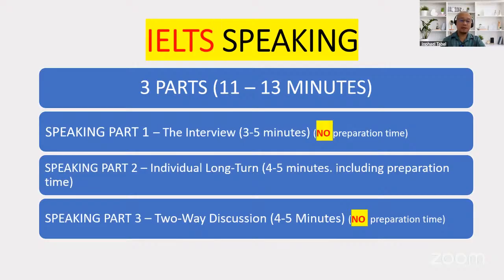Speaking part 2 is also called the individual long turn. It lasts roughly 4 to 5 minutes, including 1 minute preparation time. Finally, speaking part 3 is also called the two-way discussion. It lasts roughly 4 to 5 minutes, and the same as speaking part 1, it has no preparation time.